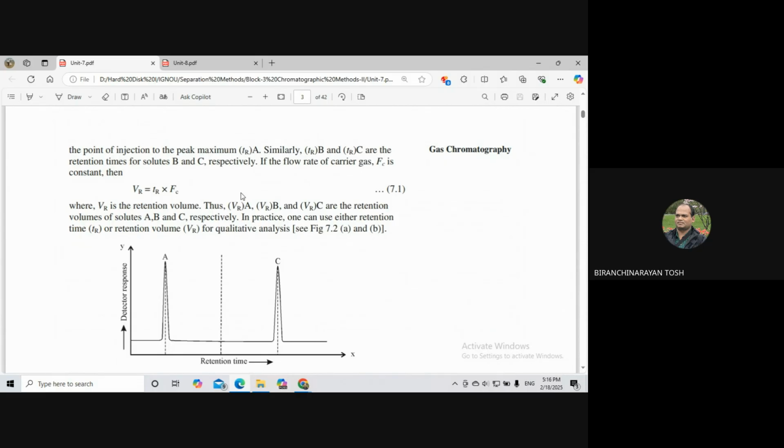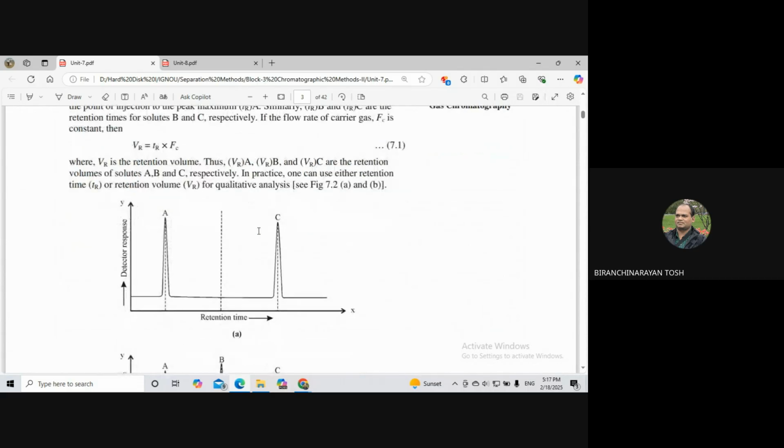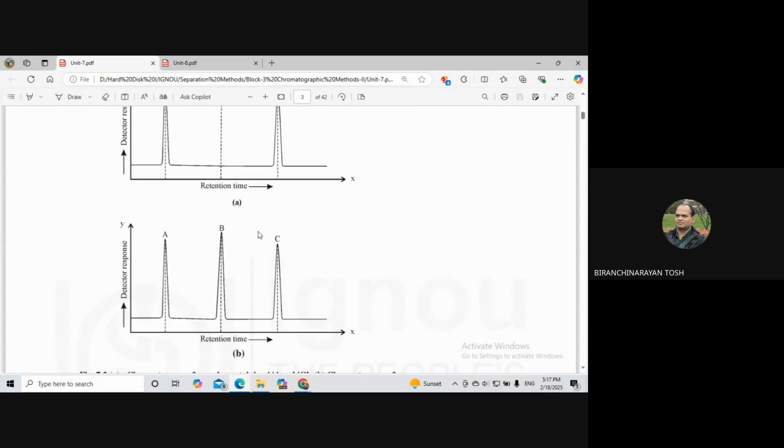If the flow rate of the carrier gas is constant, then we can get VR equal to TR into FC, where FC is the flow rate. In practice, one can use either retention time or retention volume for qualitative analysis.